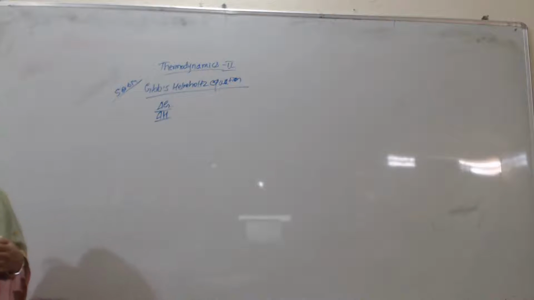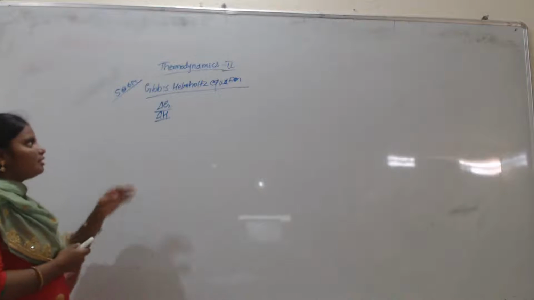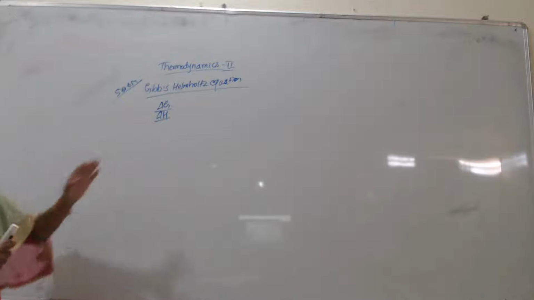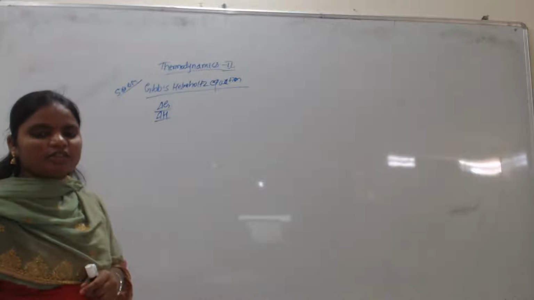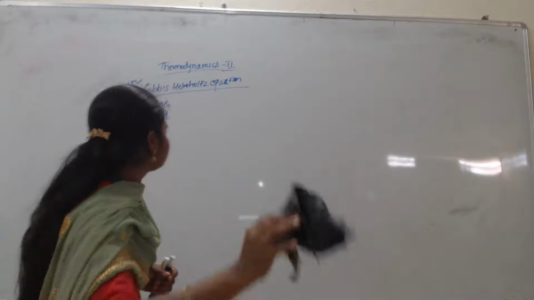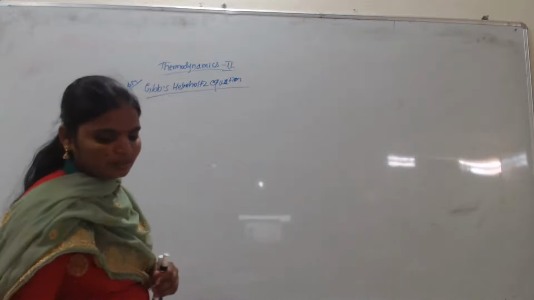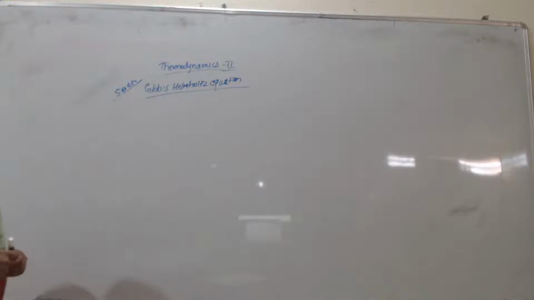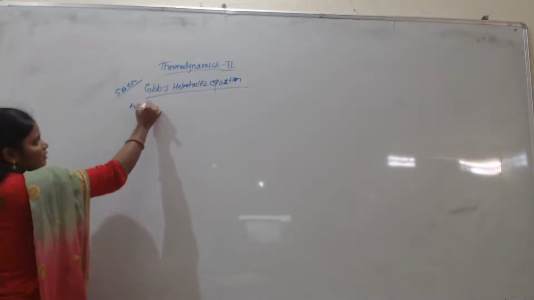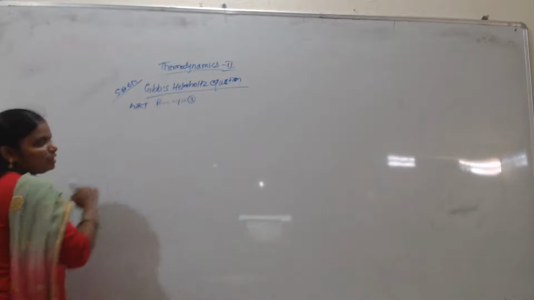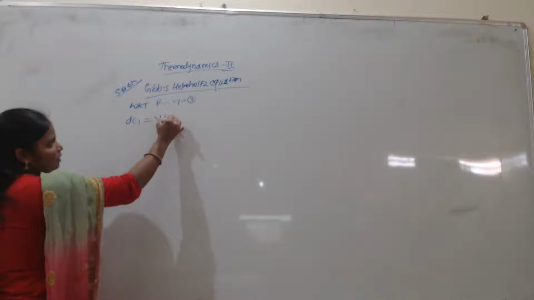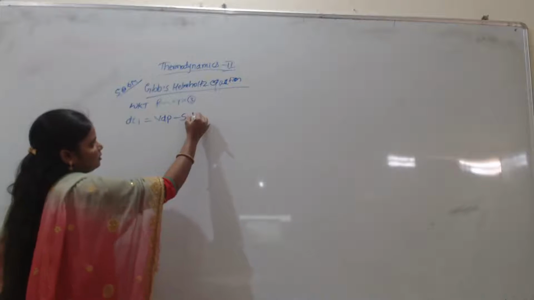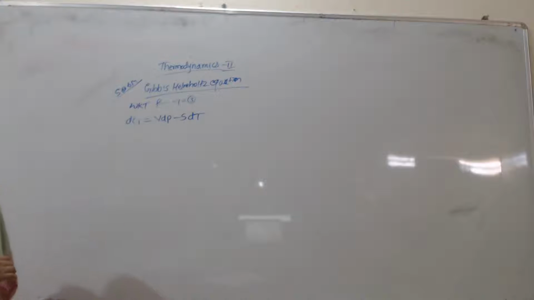Here we know from the Helmholtz equation the terms in delta G and delta H. From equation number 3, dG is equal to VdP minus SdT. This is equation number 6.